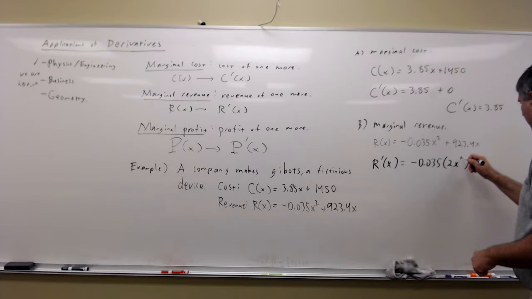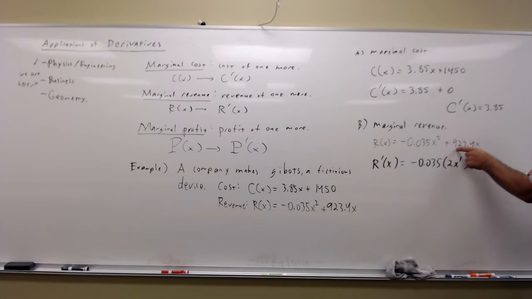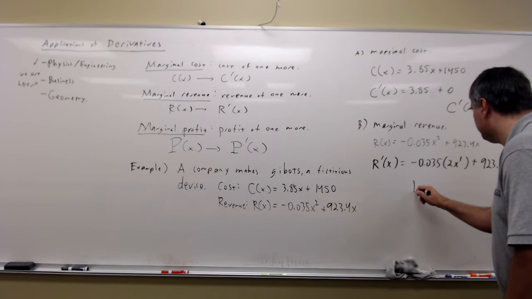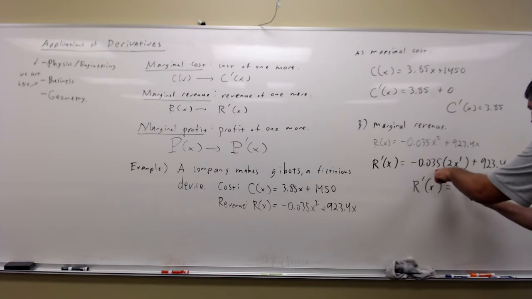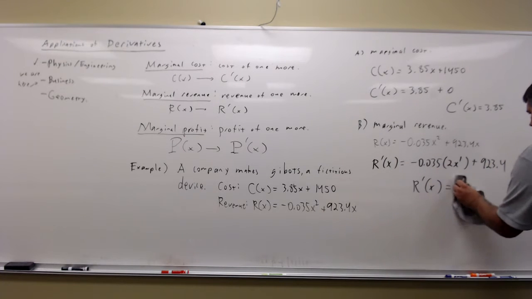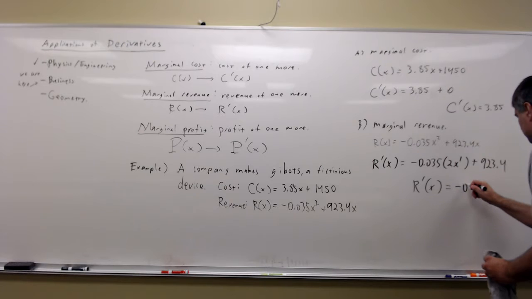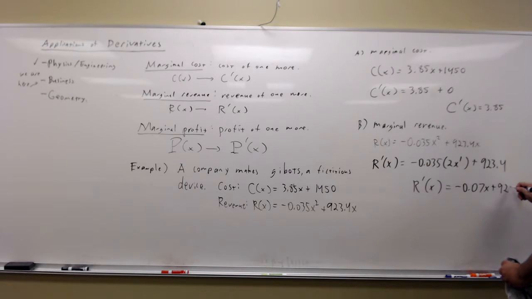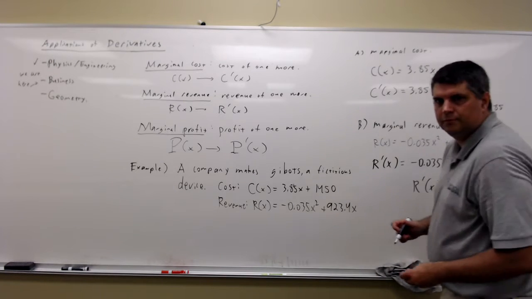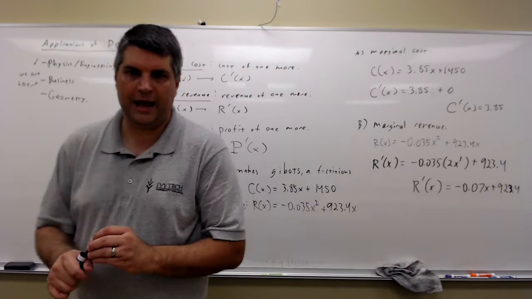You go down a power, and the derivative of something times X is just the something. So the marginal revenue is simply negative 0.07X plus 923.4. That's the marginal revenue. Okay?